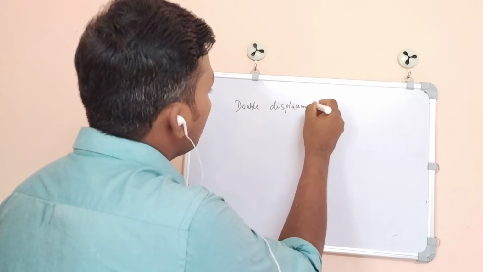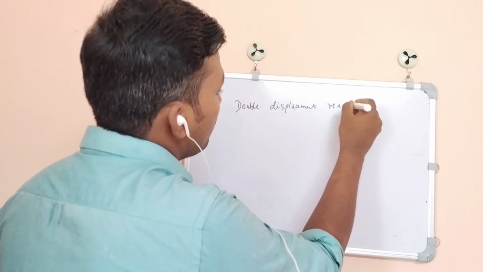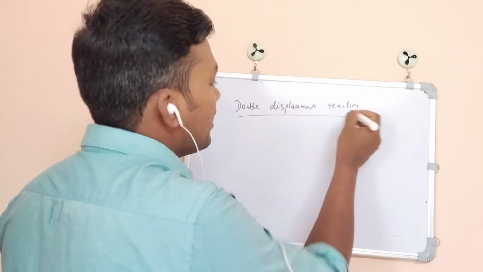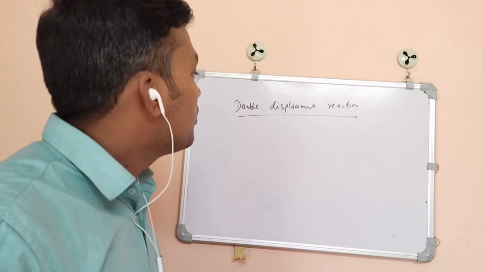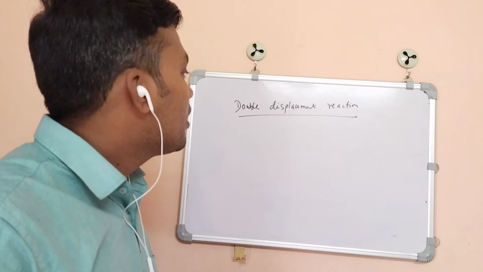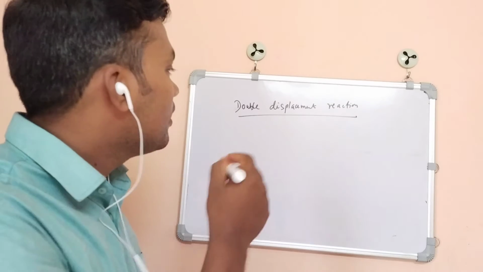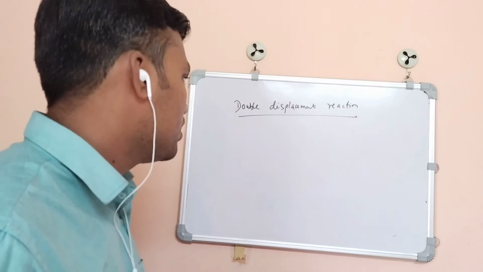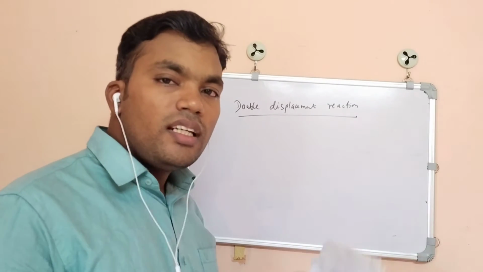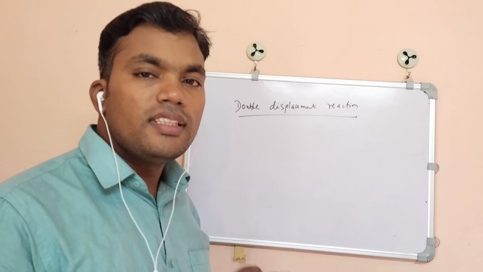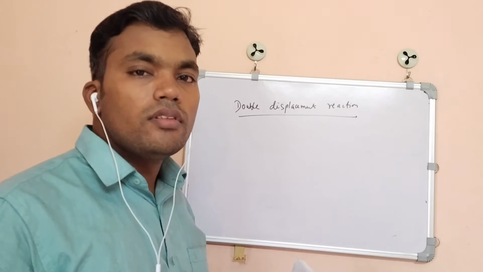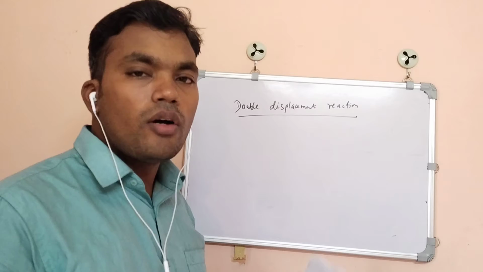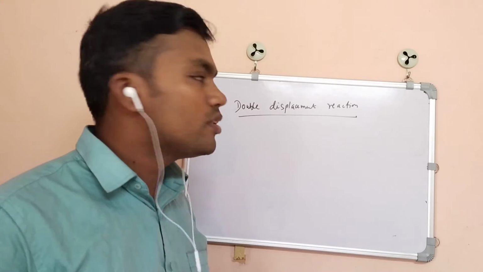With the example you can easily understand the chemical process involved in this double displacement reaction. Before you learn the definition, first you need to understand the experiment, how to perform this reaction in your school laboratory.